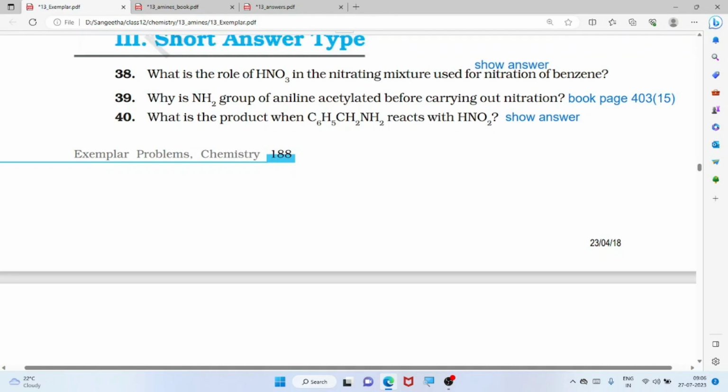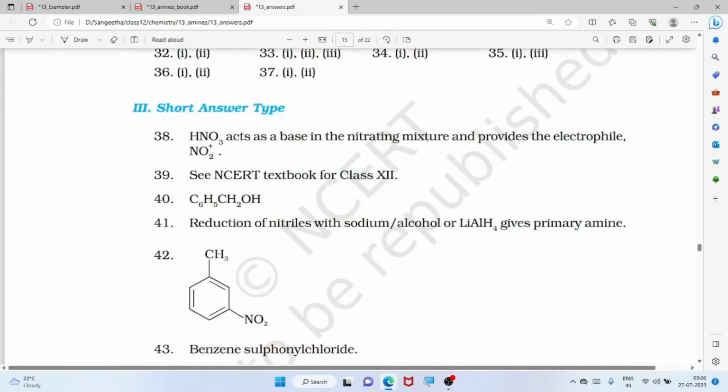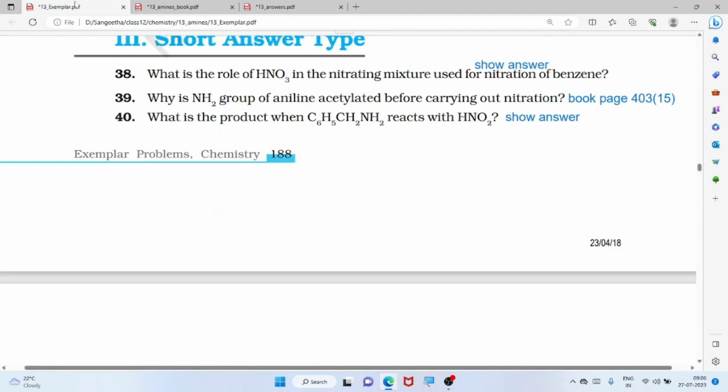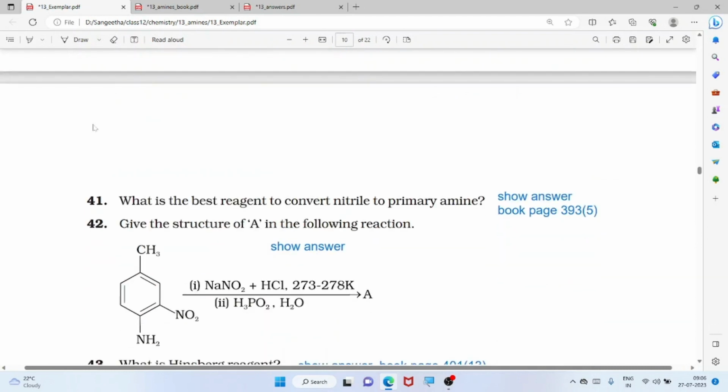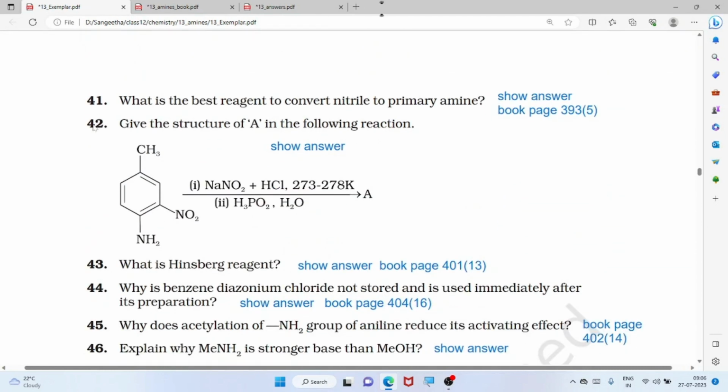What is the product when this reacts with a 40? So we have this alcohol. What is the best reason to convert nitrile to primary amine? Okay, 41.